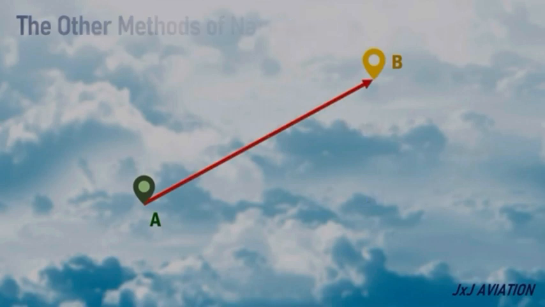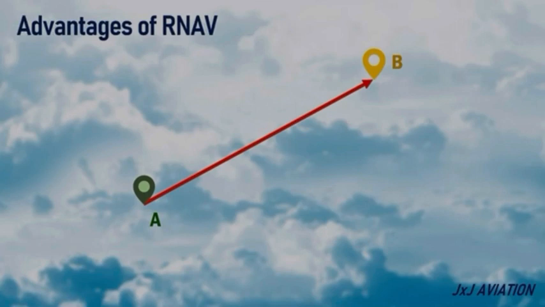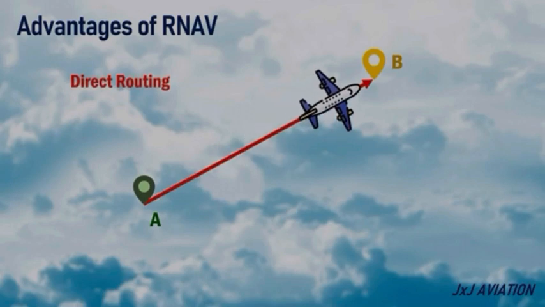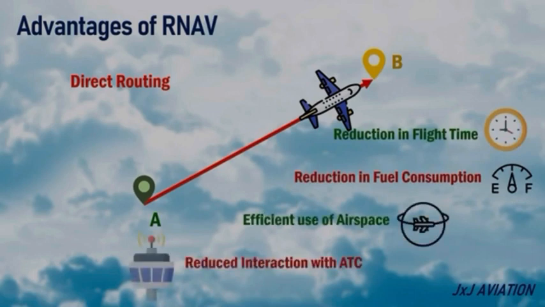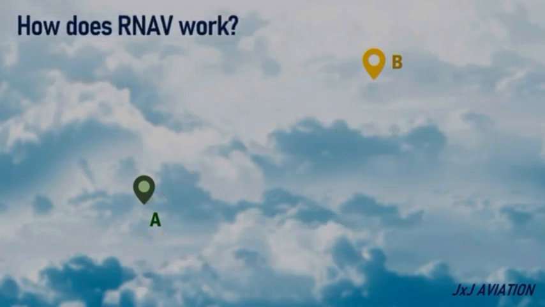So the PBN or the RNAV just eliminates the need for this, and directly we can create a point, and then the navigation equipment on board the aircraft will allow us to fly directly from point A to point B without flying to point C. This is a very good benefit that the airlines and the pilots can get from the PBN.